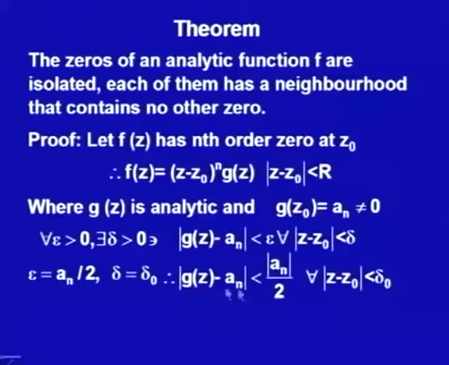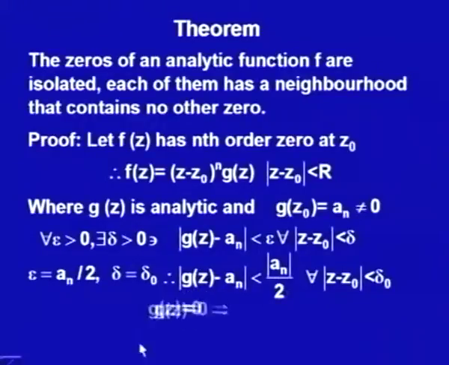Now what I want to say is that in this small neighborhood delta naught of z naught, g(z) will not be 0. Why? I am saying that there is no z in this small neighborhood such that g(z) is 0. If g(z) is 0, then what will happen?